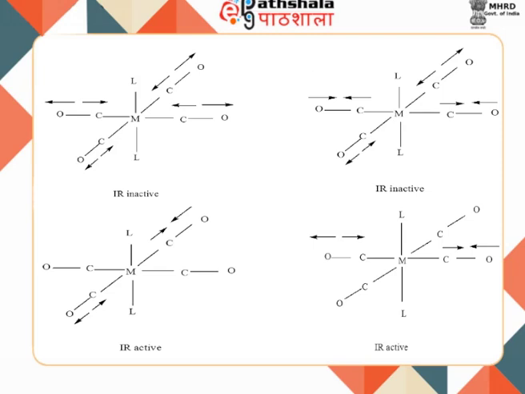On the other hand, the other isomer exhibits only one strong absorption band at 1890 cm^-1, and thus it is the trans isomer. It is obvious that the cis and trans isomers of metal carbonyls of the type ML2(CO)4 can be distinguished with the help of IR spectroscopy.